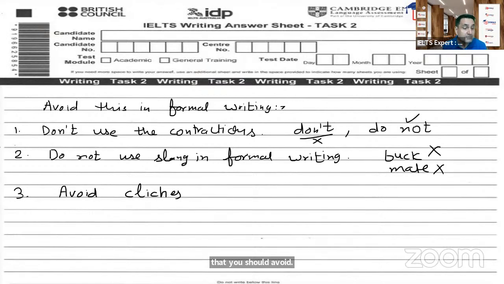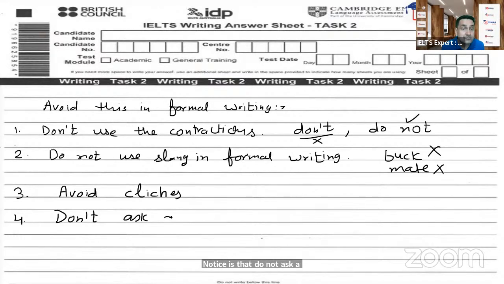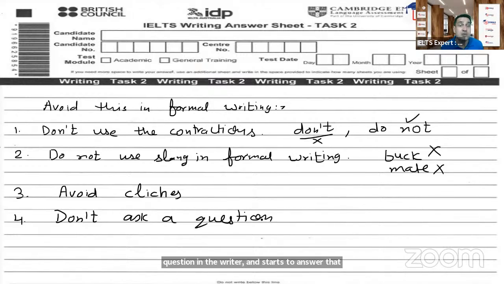And another common mistake I would notice is that you should not ask a question and start answering. A student would ask their own question in the write-up and start to answer that. Do not ask a question. So this should be avoided in formal writing.